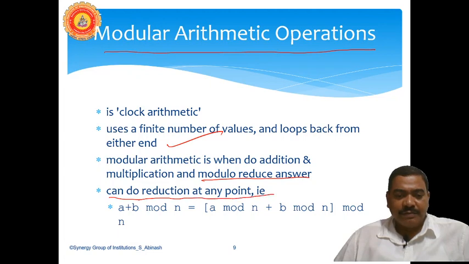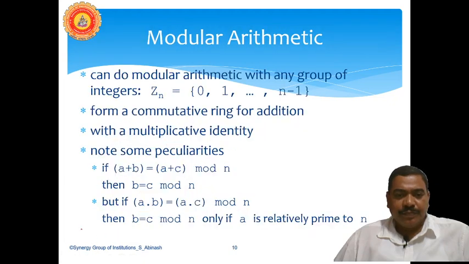That means A plus B mod n is equal to A mod n plus B mod n, whole mod n. We can do modular arithmetic with any group of integers, which forms a commutative ring for addition with a multiplicative identity.